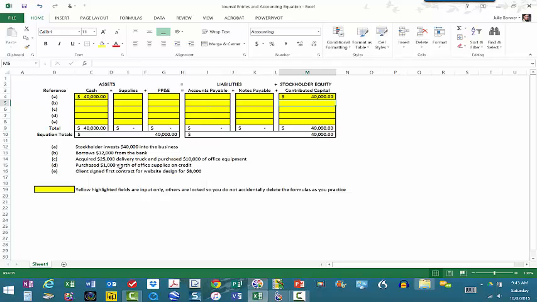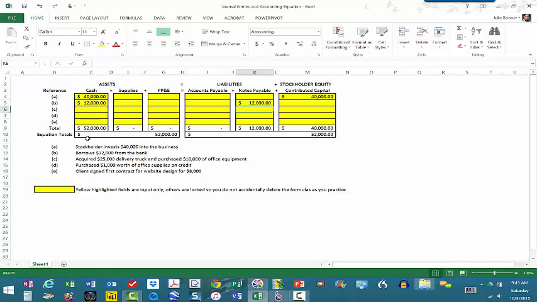Now for example B, we have borrowed $12,000 from the bank. We've gotten more cash again, so we have an increase of cash. And we have a notes payable. We have to repay that to the bank, so our notes payable has increased as well.